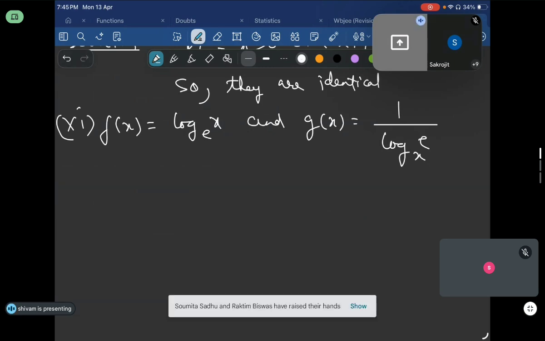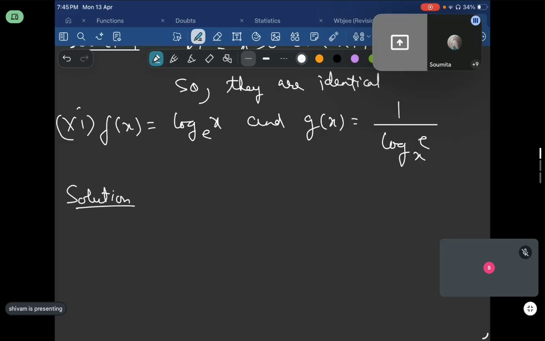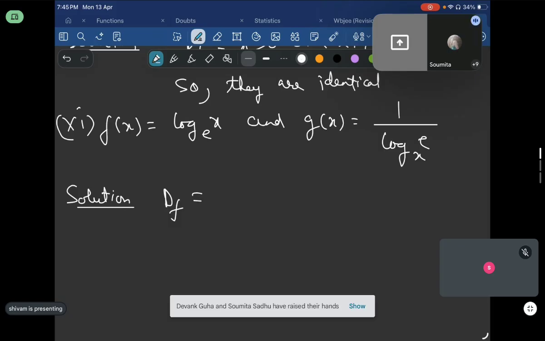Okay, for this one, Shomita, tell me. They are not identical because the domains are different. What is the domain of f? Sir, log of x to the base e is defined only when x is greater than 0.